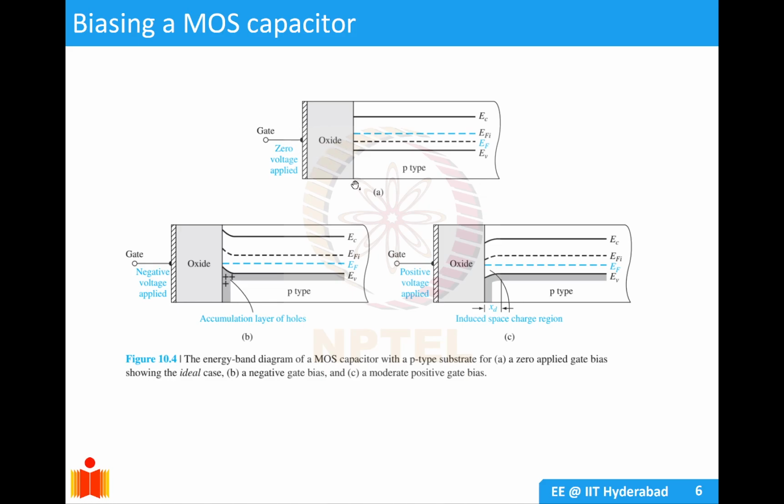So you can see here this is at zero applied bias. Then when you apply negative bias, your EF moves closer to EV and you accumulate holes here. But when you apply positive bias, your EF moves closer to EC and it causes a depletion region here.